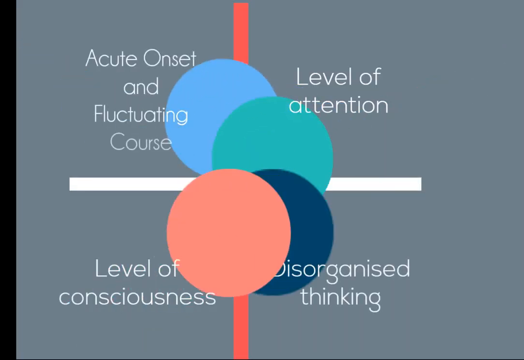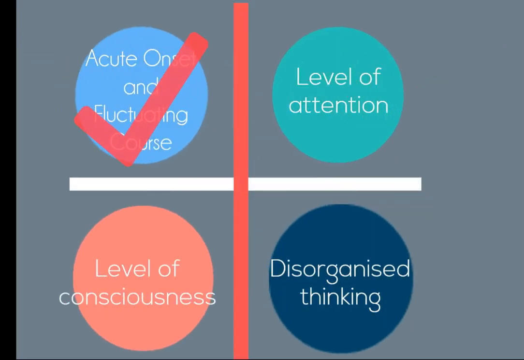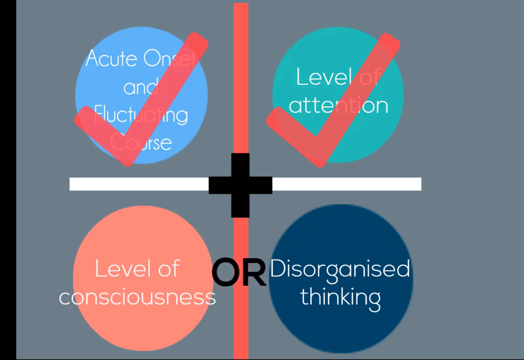So a diagnosis of delirium requires feature 1, acute onset and fluctuating course, plus feature 2, inattention, as well as either number 3, disorganized thinking, or 4, altered level of consciousness.